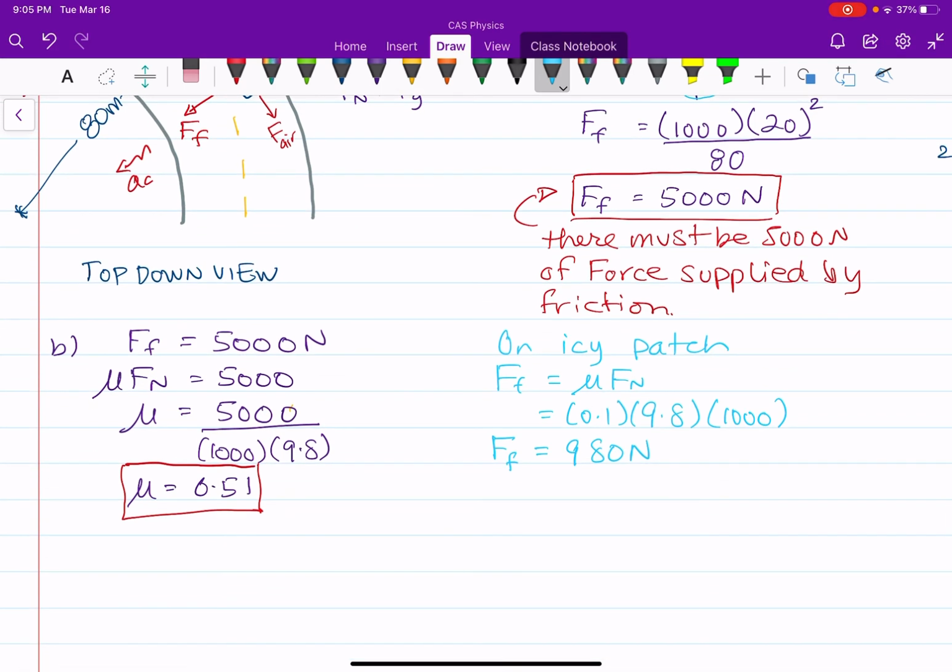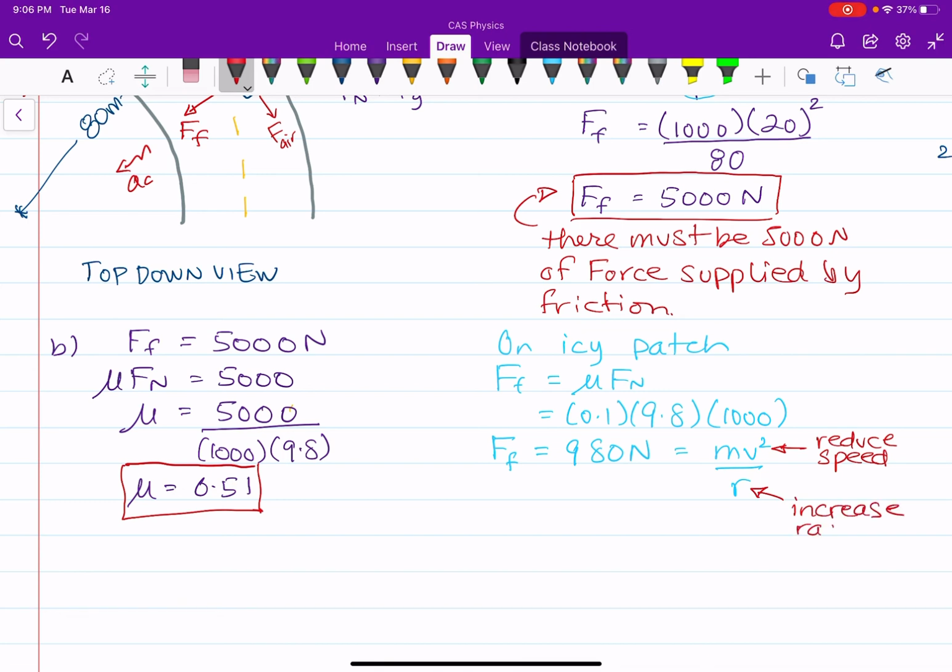Let's set this equal to mv squared over r. What are the things that we can change? You can change the speed. You can reduce the speed, and that will decrease the force needed from this 5,000 number, or you can increase the radius of turn.